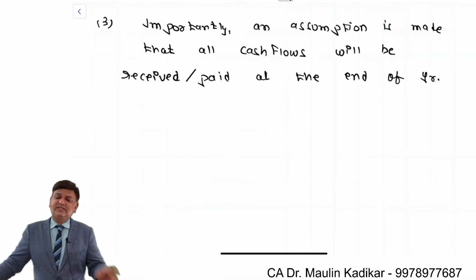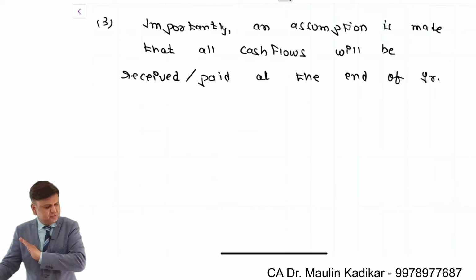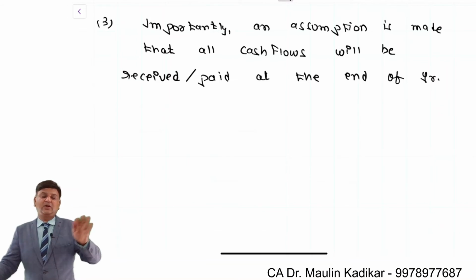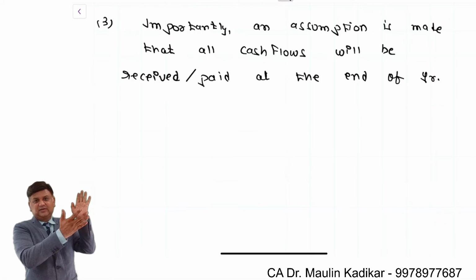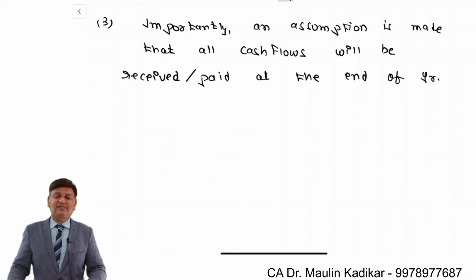This is a unique assumption which has been made in financial management throughout. The entire sales revenue is generated at the end of the year. All expenses are paid at the end of the year. Income tax liability at the end of the year. Everything is at the end of the year.